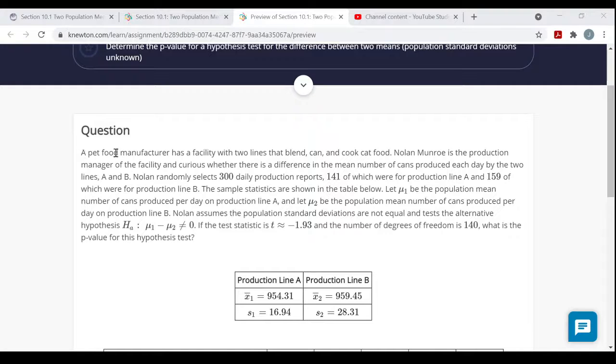Here, a pet food manufacturer has a facility with two lines that blend, can, and cook cat food.